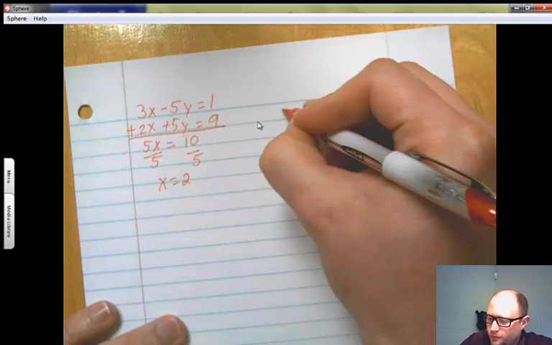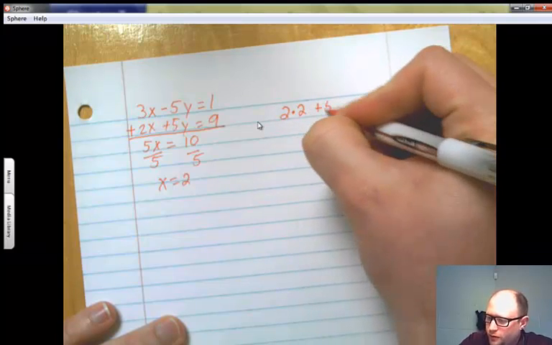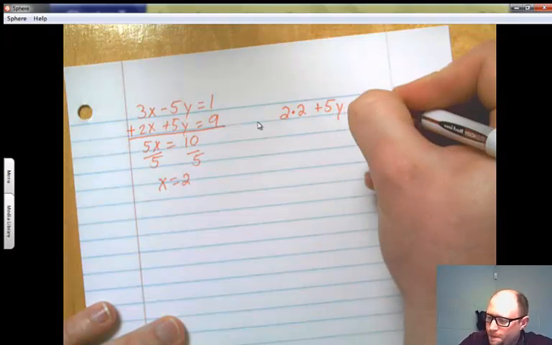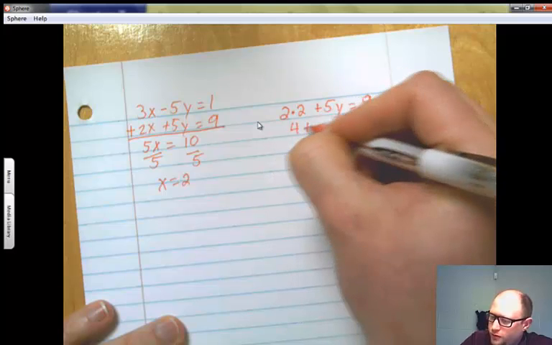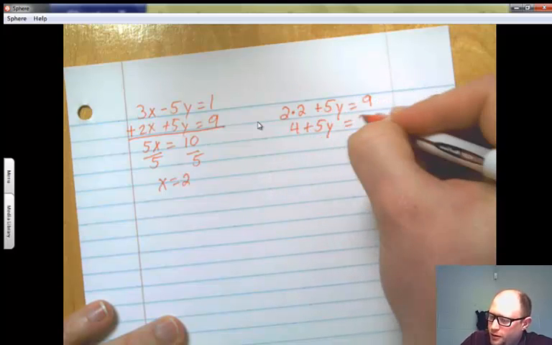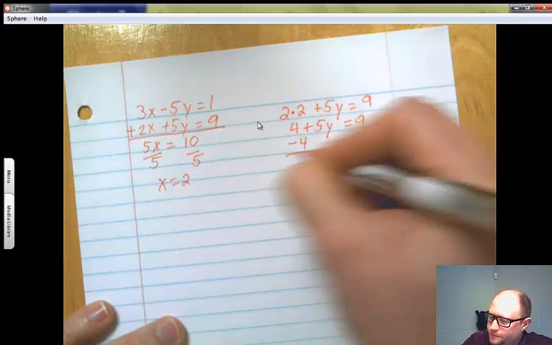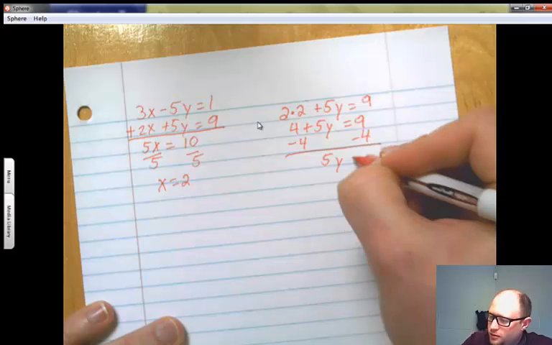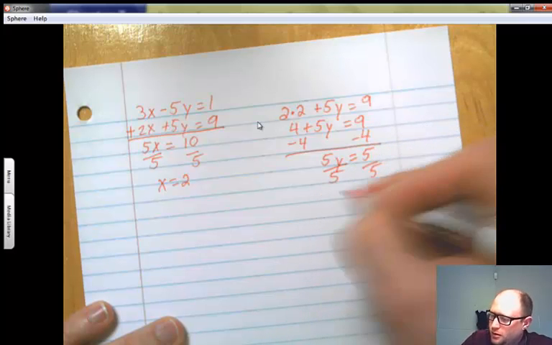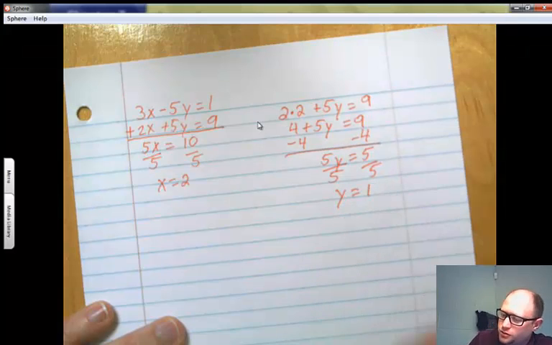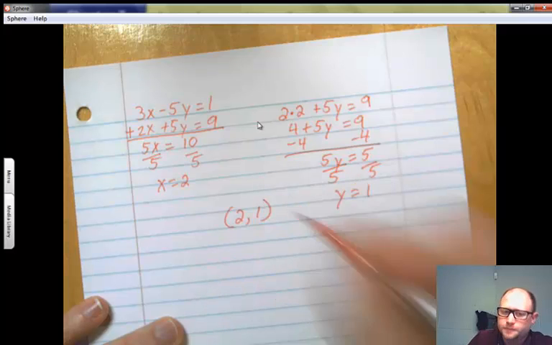I'm going to choose the bottom one. 2 times 2 plus 5y is equal to 9. And then I get 4 plus 5y is equal to 9. Subtract 4 from each side. 5y is equal to 5. Divide by 5, and y equals 1. So your solution set would be the ordered pair 2, 1.